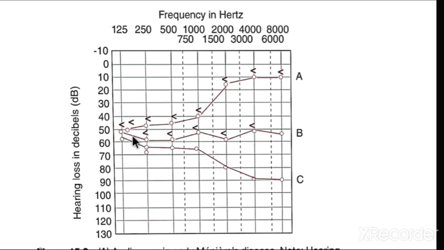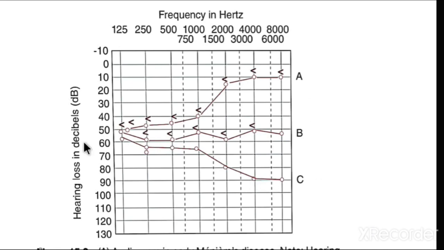But with time, both higher and lower frequencies are affected, so the curve is flat. And with further time, the lower frequency curve remains the same, and the higher frequency sounds get affected more and more, so there is a falling of the curve.